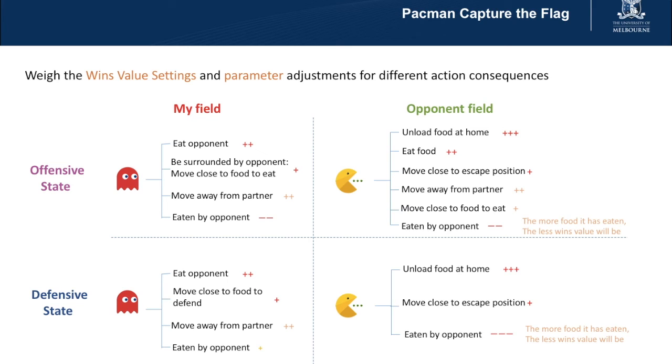Thus, setting the wins mechanism and parameter adjustments are challenging, as we need to balance the mutual impact between different action consequences in the decision making. We keep trying, experimenting, and validating to get more reasonable solutions.